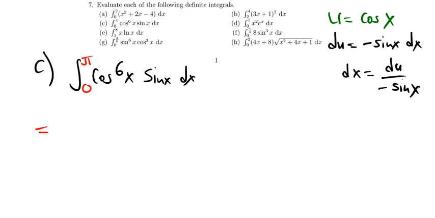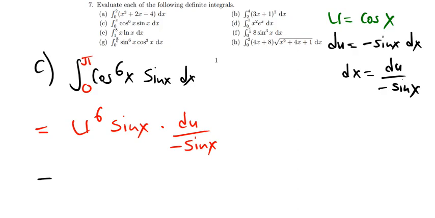For our u, the cosine will become u, so that will be u to the power 6. Then we'll have sine of x, then our dx is du over negative sine of x.